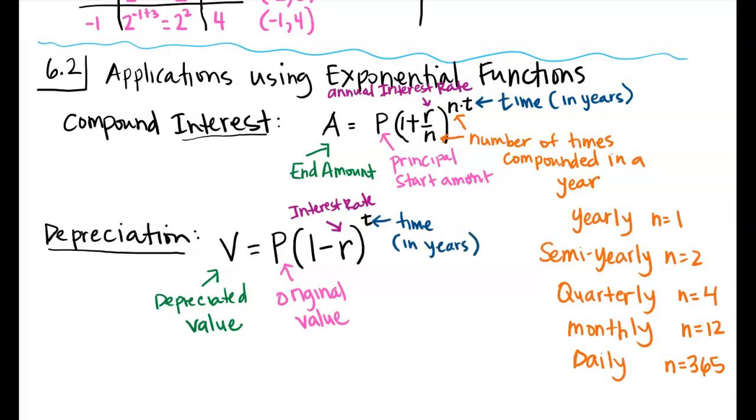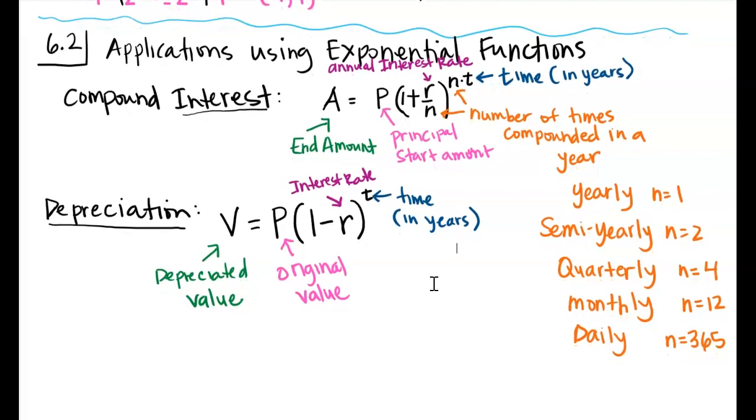Okay. So understanding these two formulas, and what each of those things represent, is going to be a big part of being able to do the homework for 6.2. And it's just kind of interesting. Remember, compound interest isn't always bad, right? If you're paying a loan, then compound interest is bad.